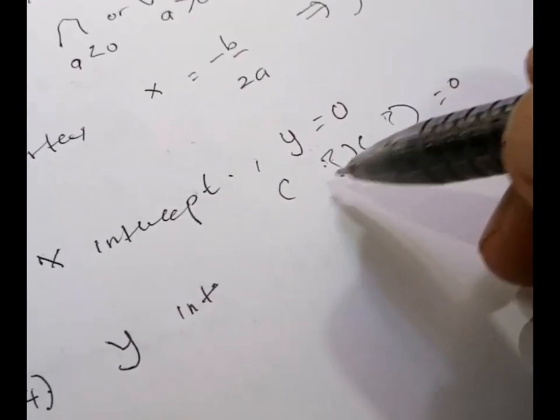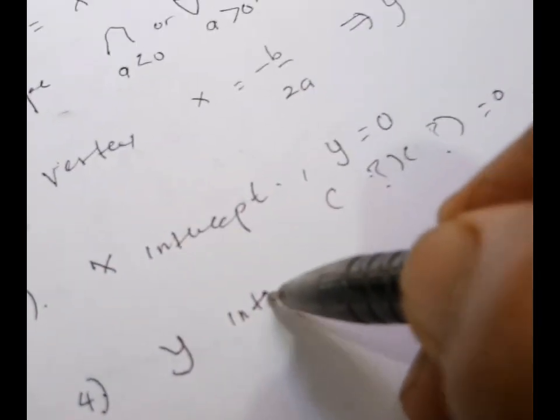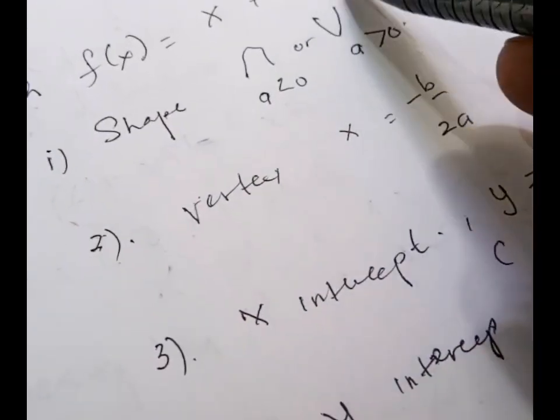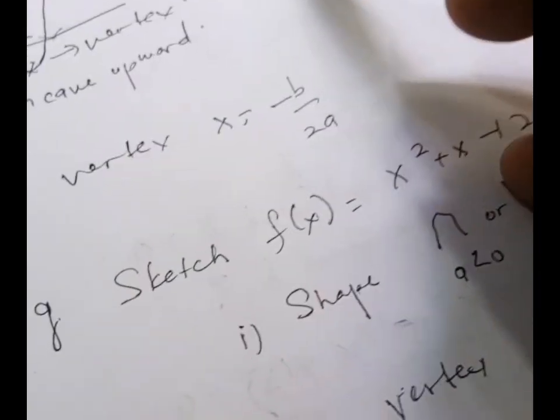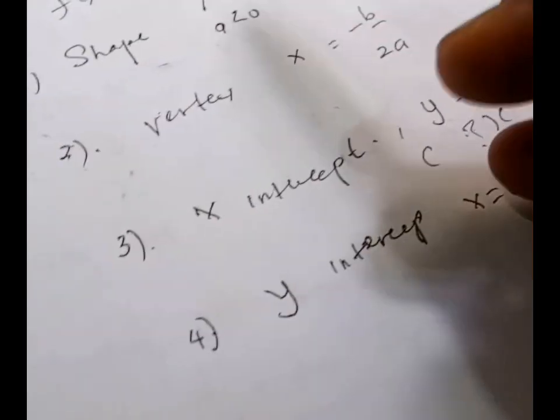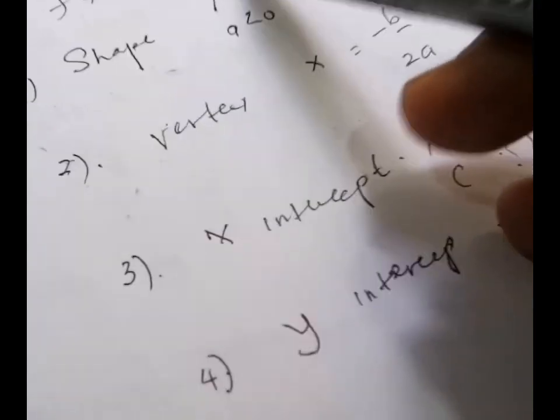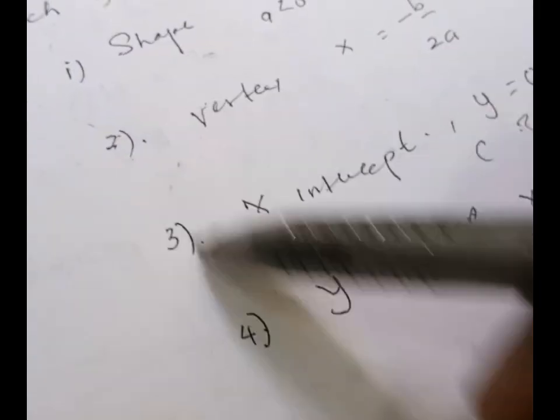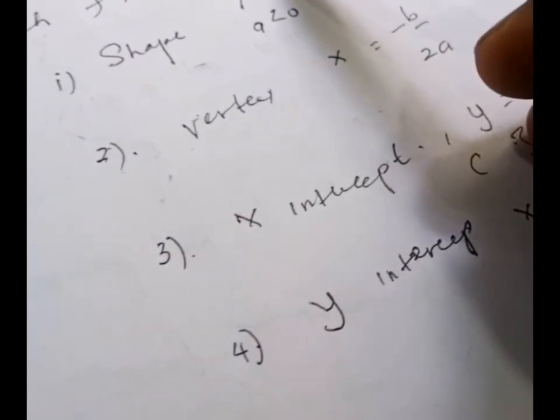If you are not able to use the factoring method, use the quadratic formula as stated earlier. The y-intercept is when x is 0. Substitute x as 0 and you get y, so the y-intercept is only one value. Now let's use these steps for this equation, then sketch the function.